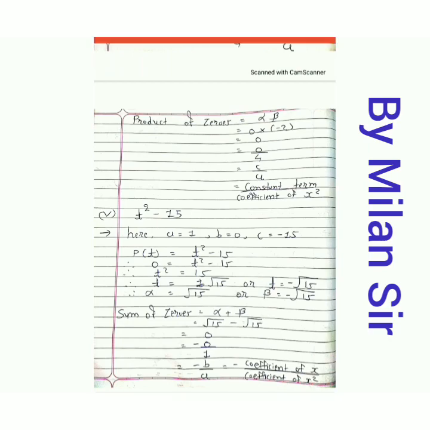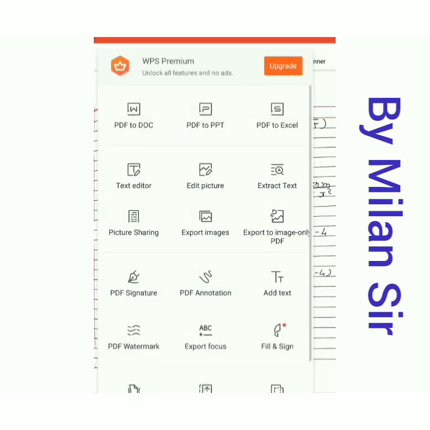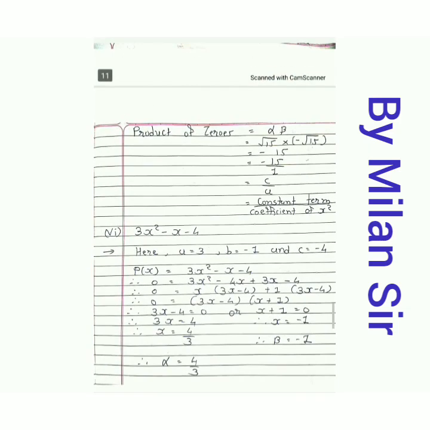Then the product of zeros means alpha into beta, the values of alpha and beta being under root 15 and minus under root 15. In multiplication, under root 15 multiplied by under root 15 is only 15, and here plus sign is there, here minus sign is there, so plus into minus is minus 15.